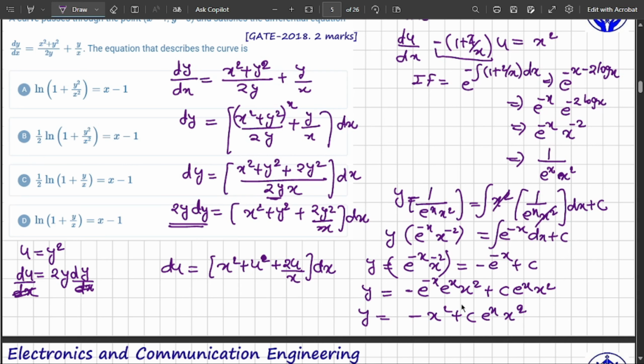Like this one, in the form of, this is not y, basically this is u here. Okay, this is not y and this is u. So my u is nothing but y square. If I write here, y square is equal to c e to the power of x into x square and minus of x square.